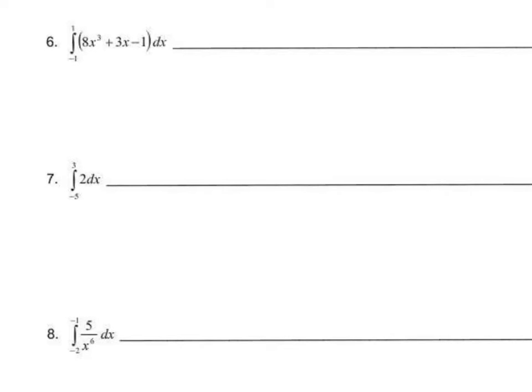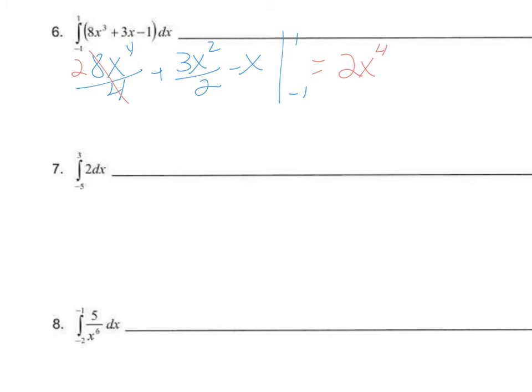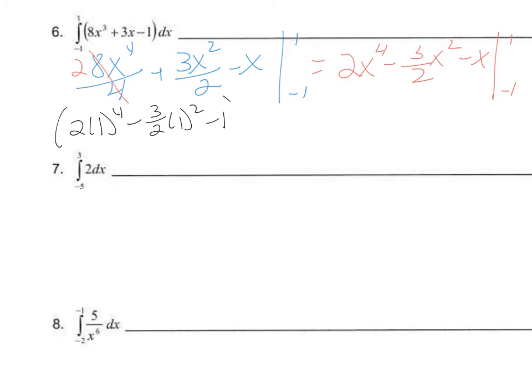Okay, for 6, we can do the power rule. From -1 to 1. This can simplify to 2. Plug in the 1, plug in the -1, and simplify. So let's see. That's going to be 2 times 1 to the 4th minus 3 over 2 times 1 squared minus 1.